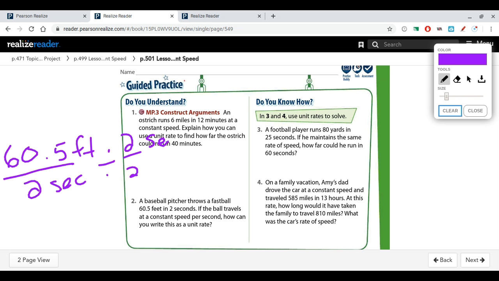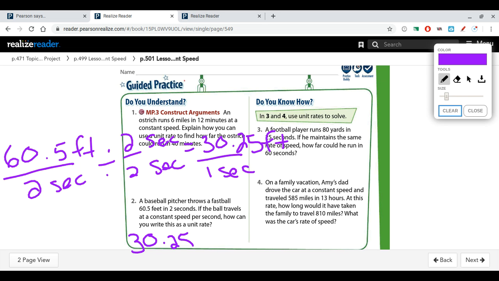And when I divide by 2 seconds, that's going to tell me how far the ball is going to travel in 1 second. And so half of 60.5 feet is going to be 30 and 25 hundredths of a foot. So my unit rate is going to be 30.25 feet per second.